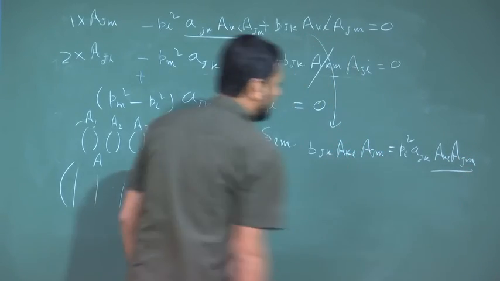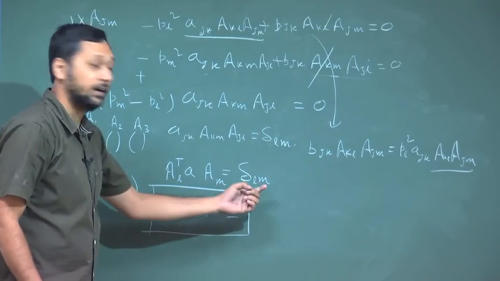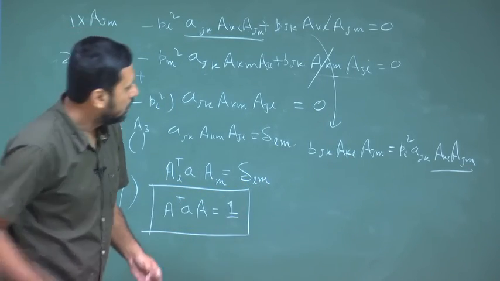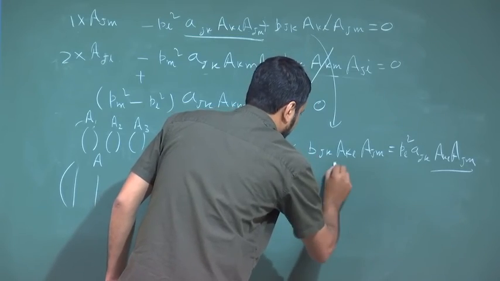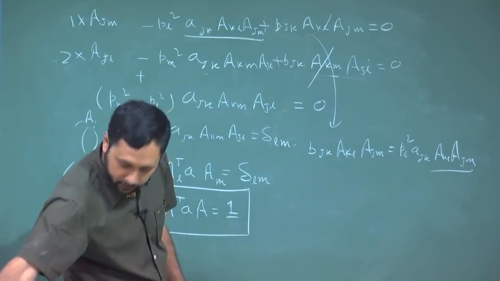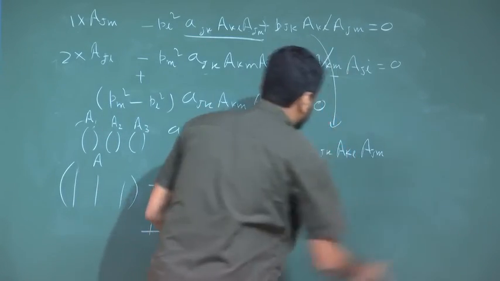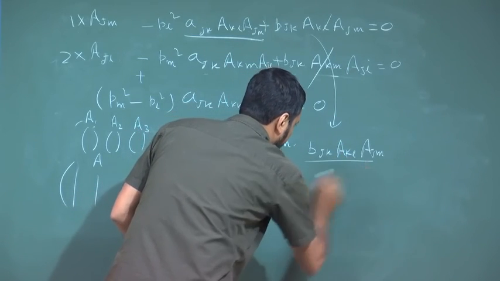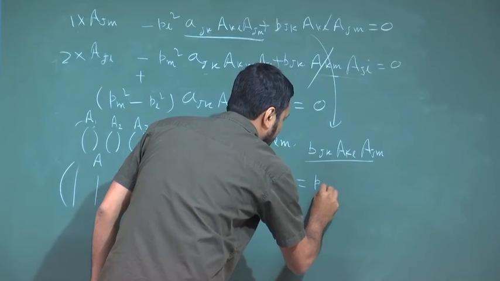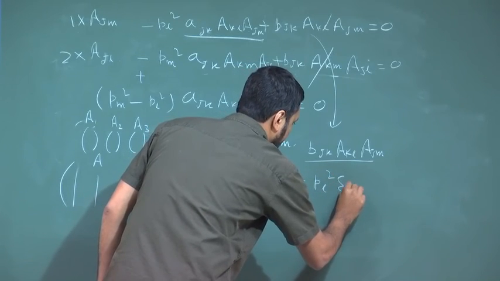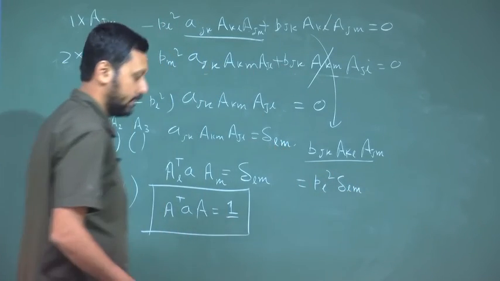Now, this part we have already seen, this is nothing but delta L m. So, we can write this term equal to P square delta L m, right.